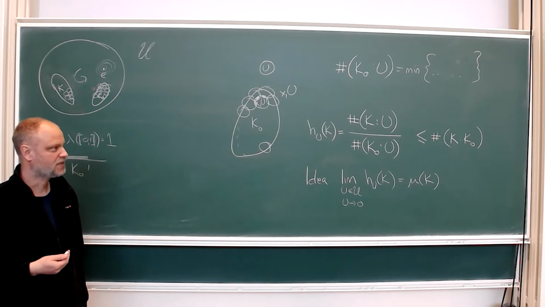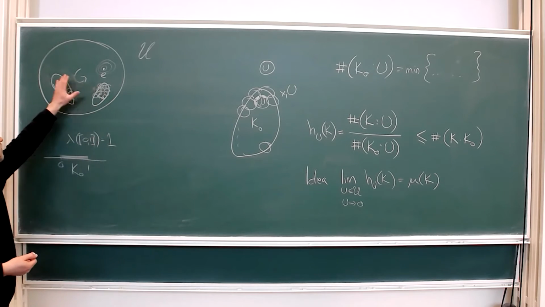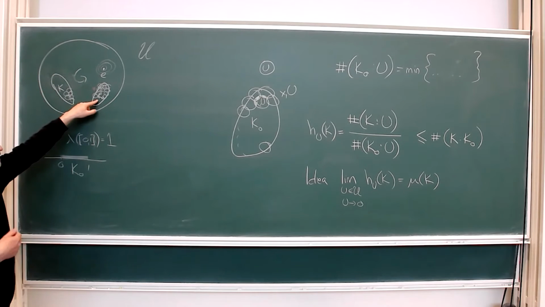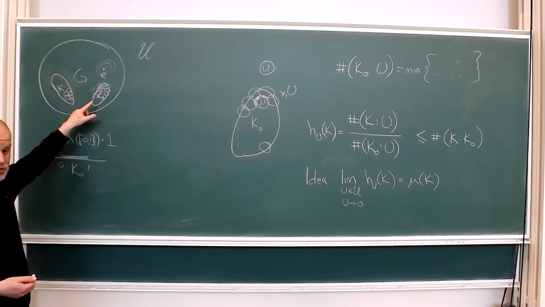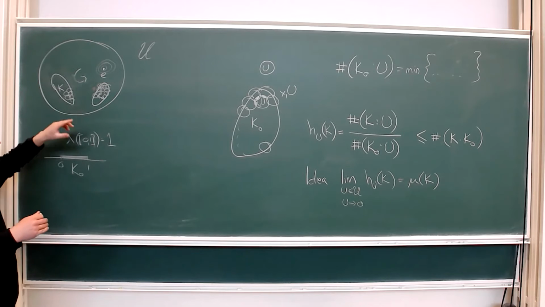So it's kind of natural, right? If I use my K0, as I first said, with the red ones, to cover my K, and then the K0 in turn is covered by the small balls in terms of U, then combining those, I multiply.